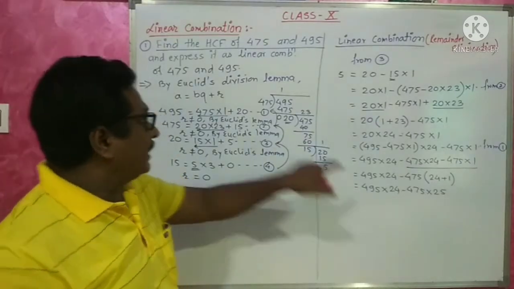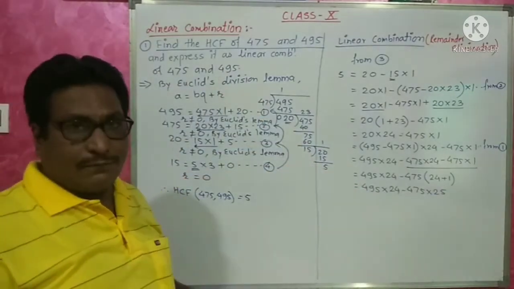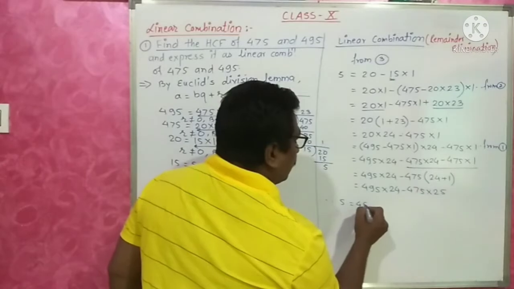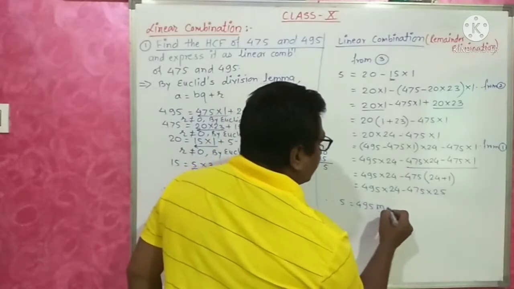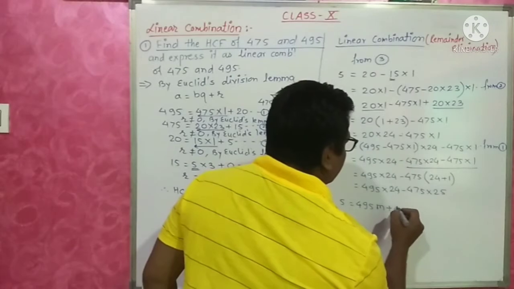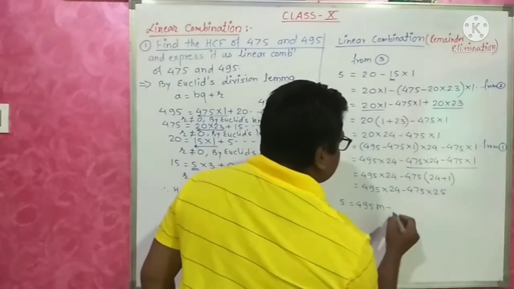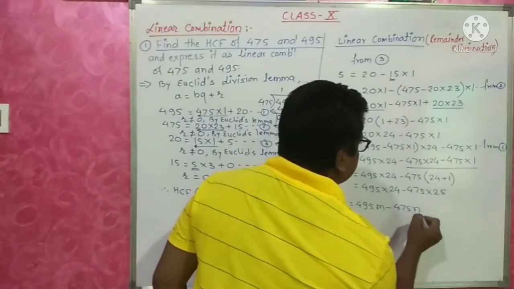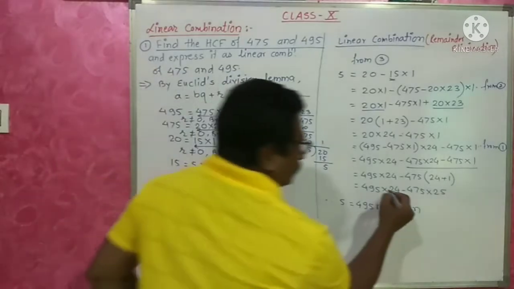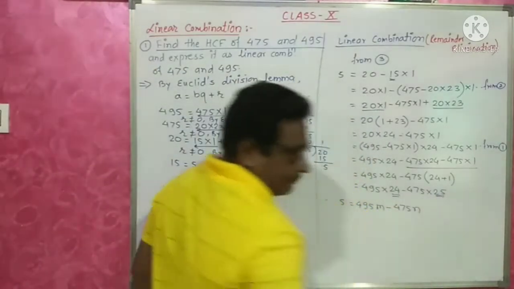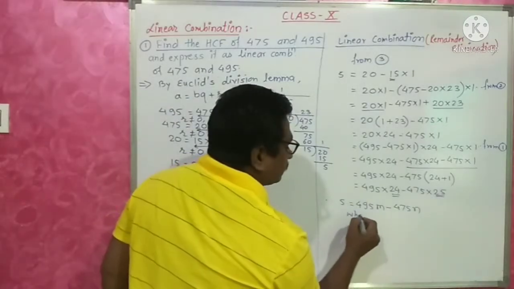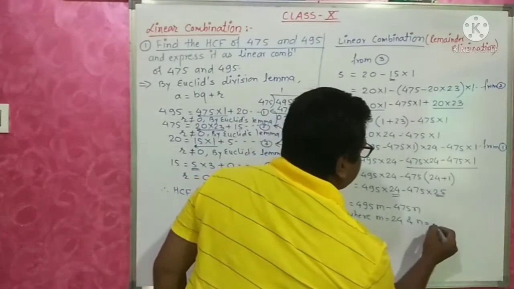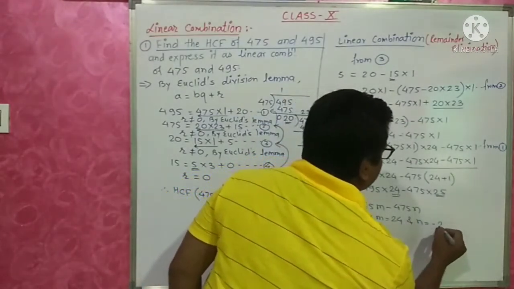Got it? Both numbers 495 and 475. Therefore 5 equals 495 m plus 475 into n, where we consider m equals 24 and n equals minus 25.